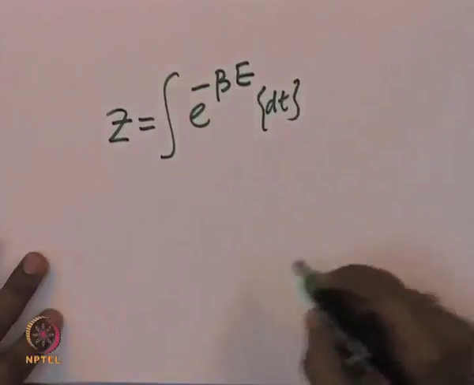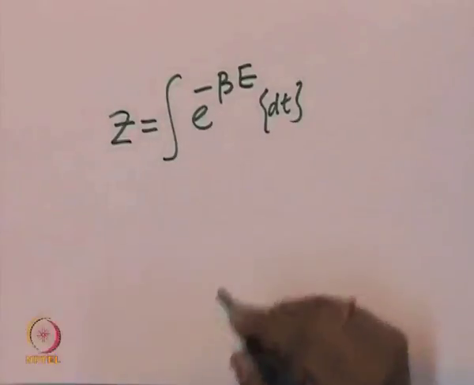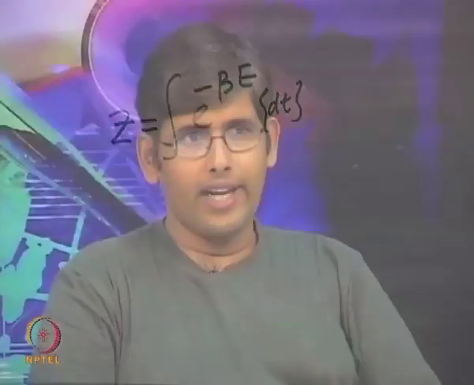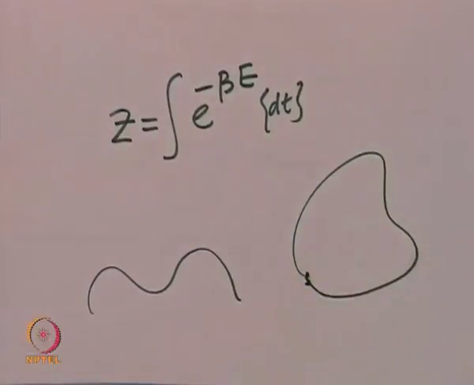We want the probability to find the DNA in one particular state. So, how do we calculate that? Let us say you have a DNA of length L and we want this to come together, so that the end to end distance is 0. How do we calculate that?